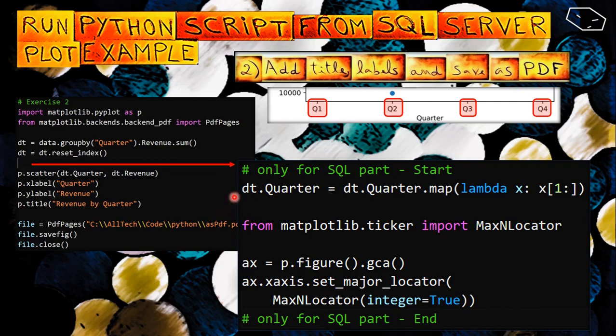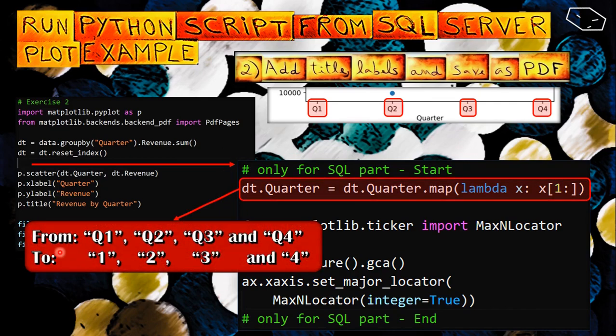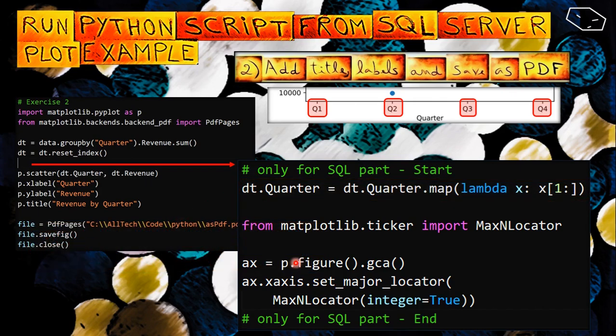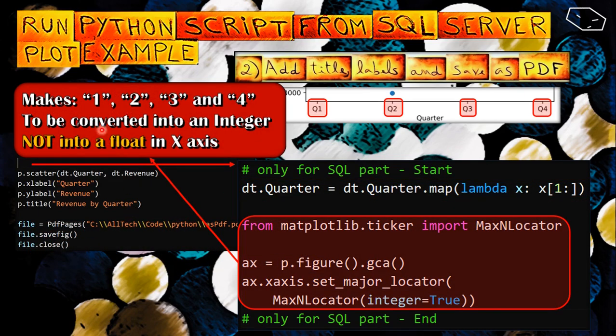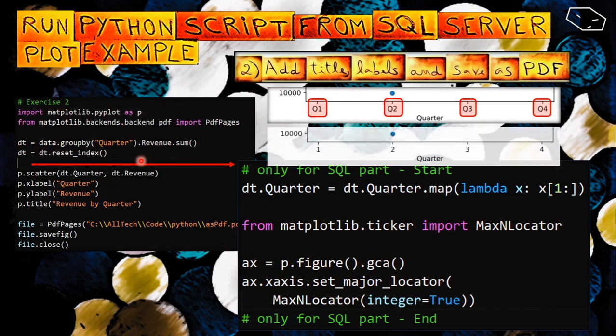We created this code, and here we are removing the Q from the numbers and we have a string 1, 2, 3 and 4, and after this we have to tell Python to convert these strings into integers, not floats, because by default Python will try to convert these strings into floats. Finally we get this 1, 2, 3 and 4.